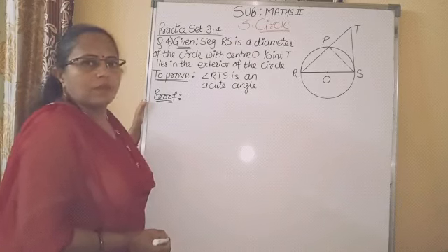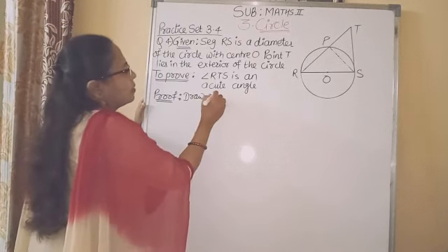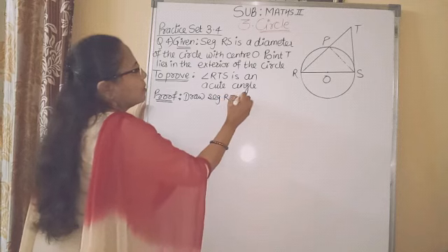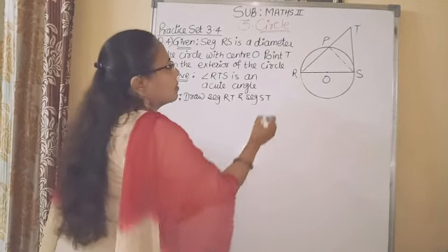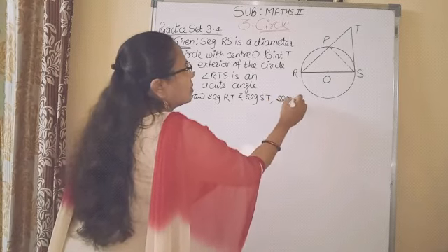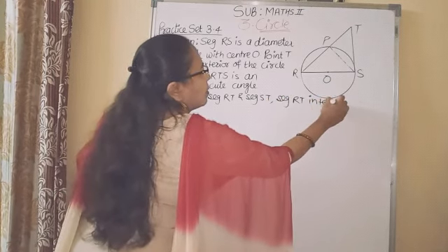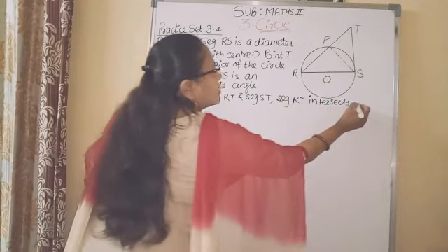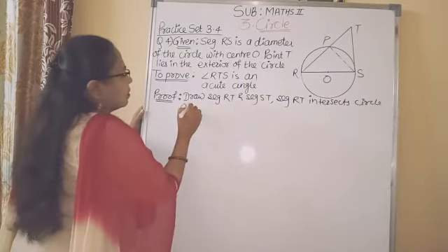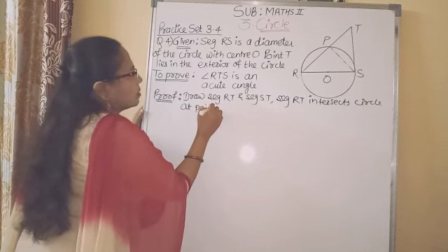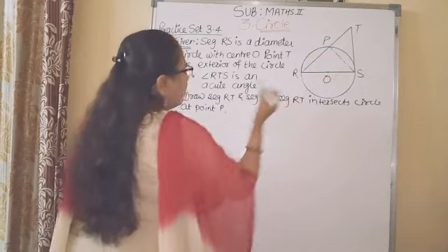Draw segment RT and segment ST. Segment RT intersects the circle at point P, and then draw segment PS.